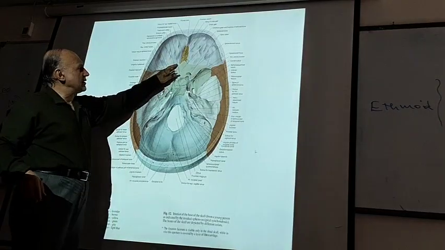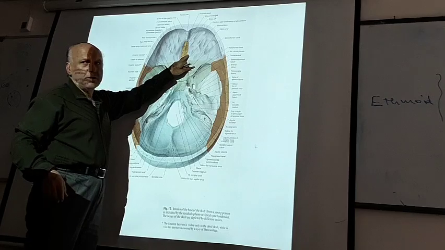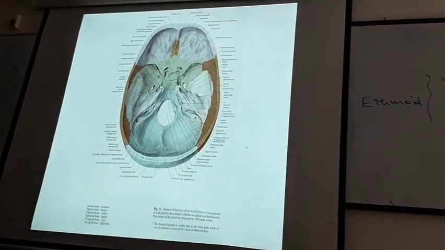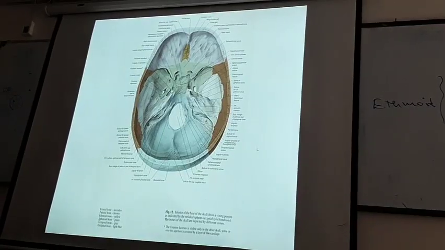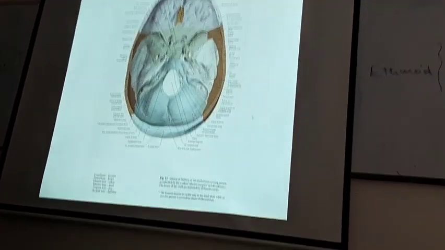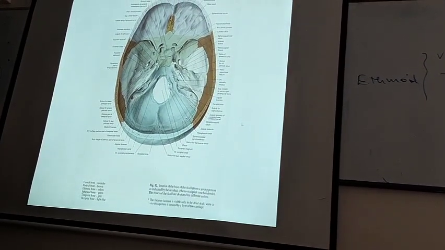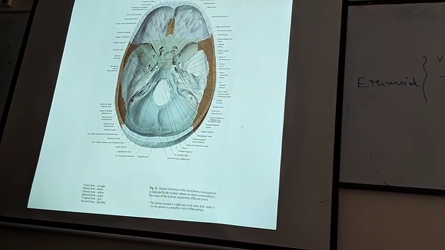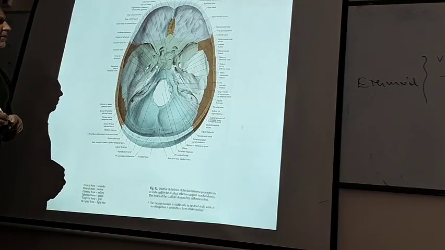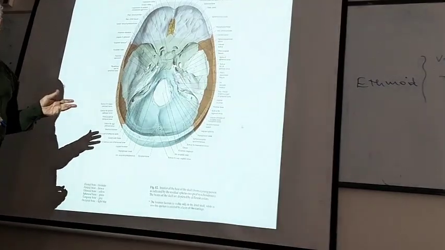Here it is in the ethmoidal notch of frontal. This is from superior view in the base. Thus, the transverse plate of ethmoid is in the anterior cranial fossa, and it is in the roof of the nose.